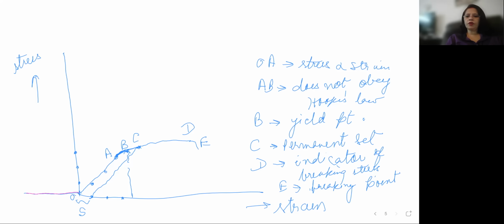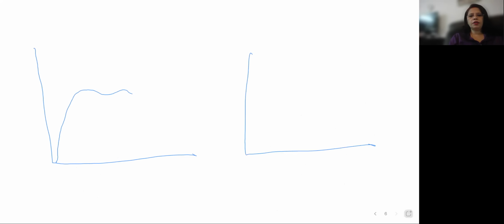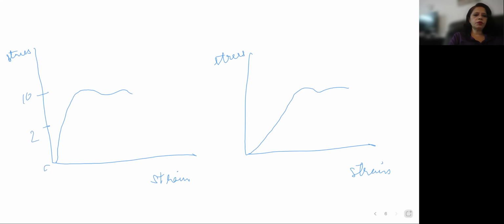Now, I'm giving you a question over here, I'm drawing a graph. This is one graph and this is another graph. This is your stress, and this is your strain. This is your 10 units, 20, and this is your 1, 2, and so on.